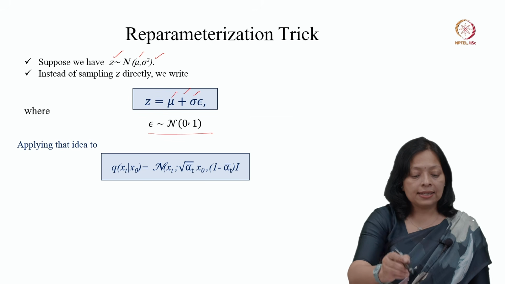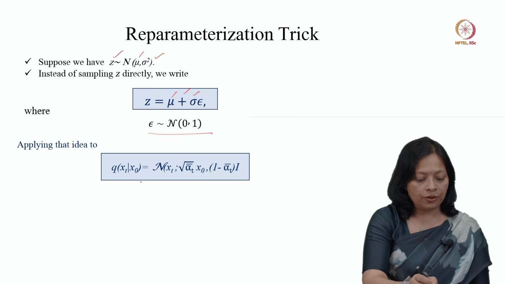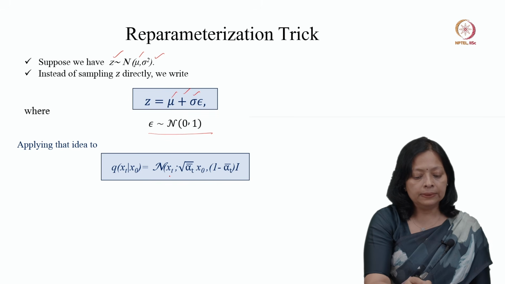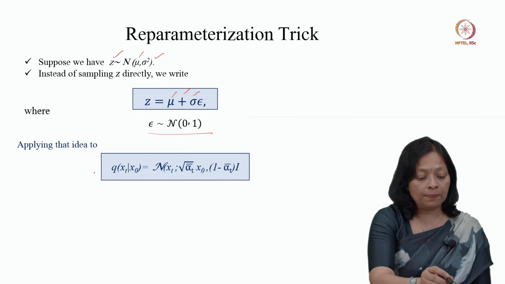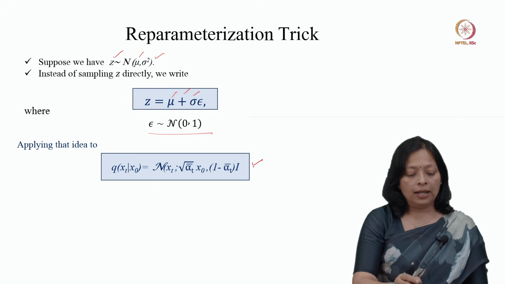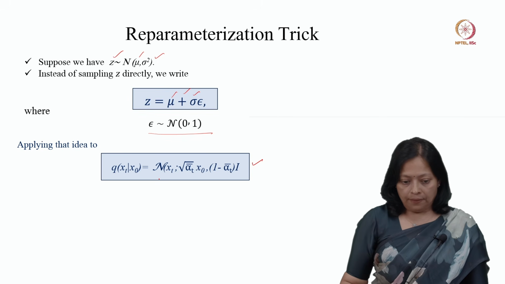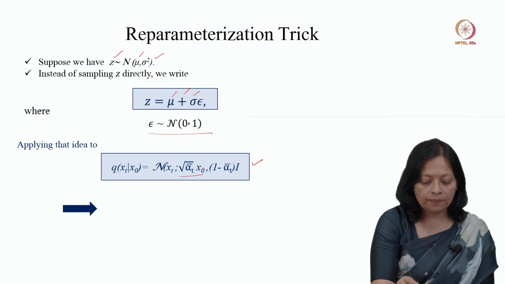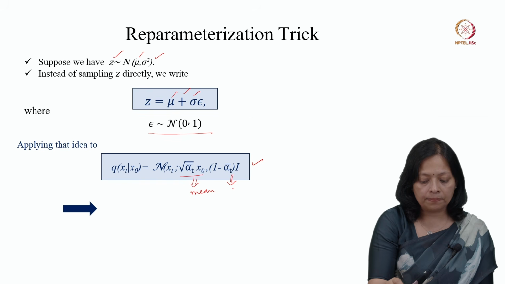If I apply this idea to the equation which I had written before, I can write q(x_t | x_0). Here, this is my mean and this is my variance term, or covariance term.